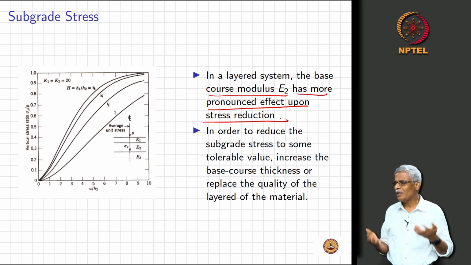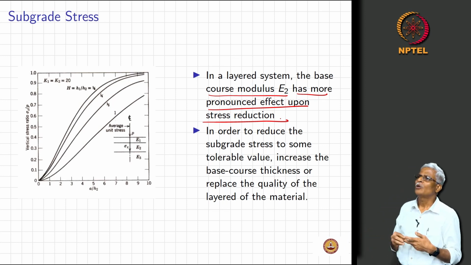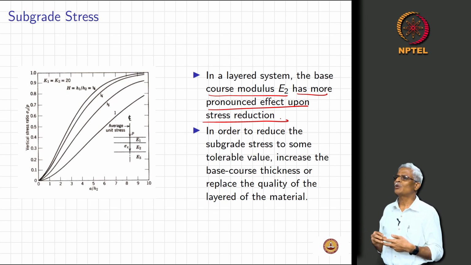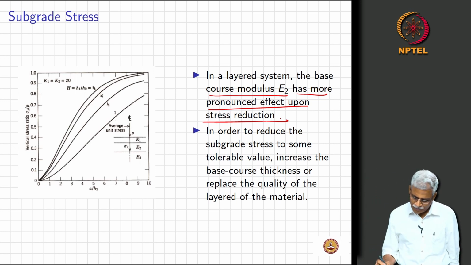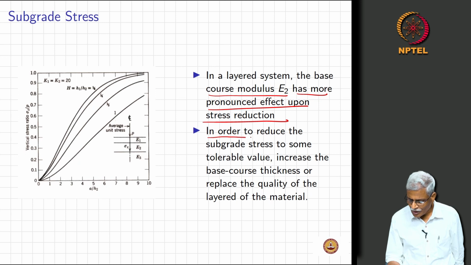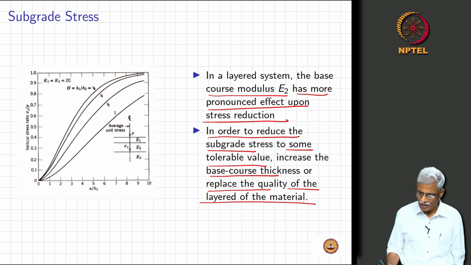So what you really need to do is play around with these parameters and find out whether to increase the thickness or the modulus. In order to reduce the subgrade stress to some tolerable value, either increase the base course thickness or replace the quality of the layered material.